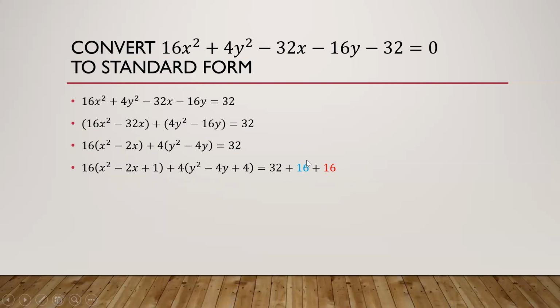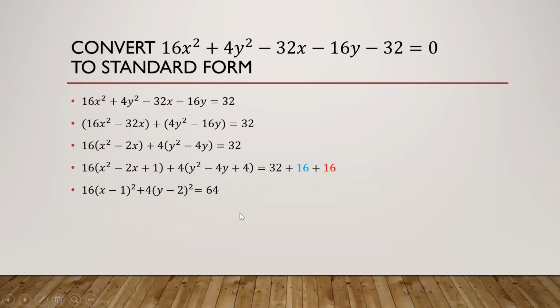So that's what we are going to add. And then 4 times 4 is also 16. So we'll simplify this equation to get 16(x minus 1) squared plus 4(y minus 2) squared equals 64.